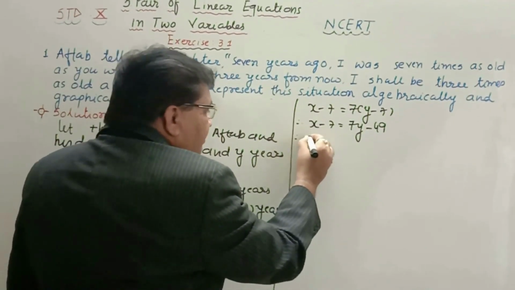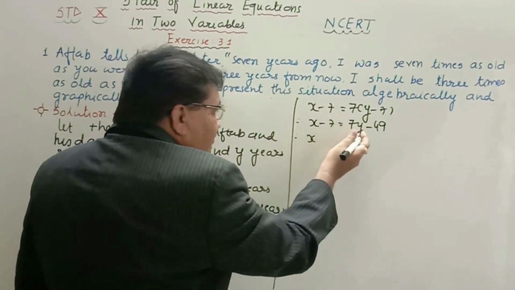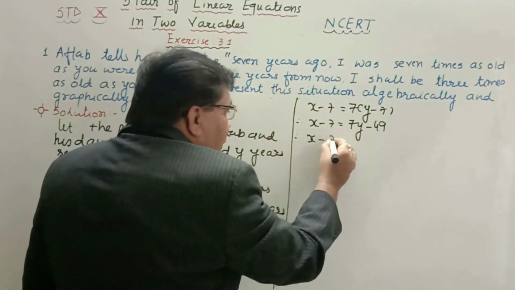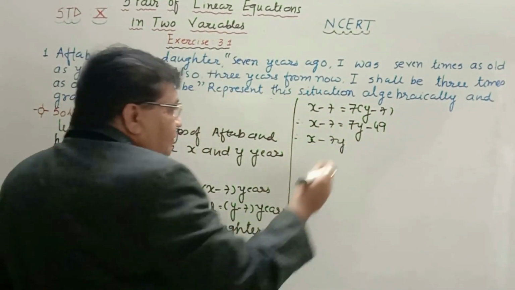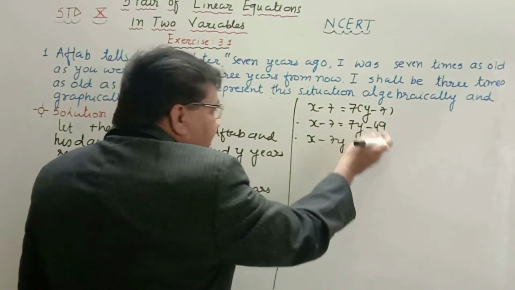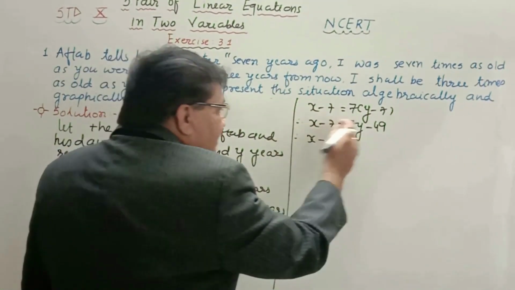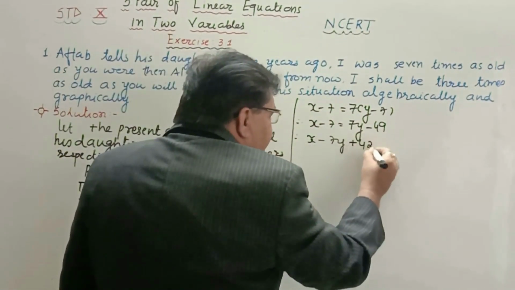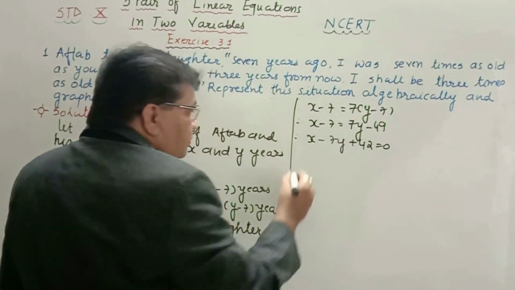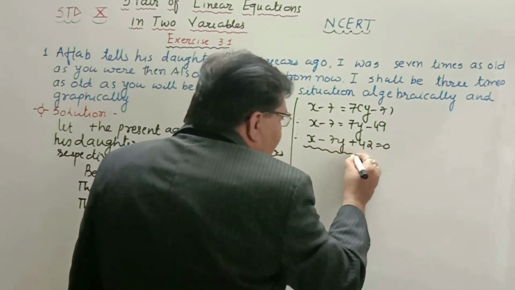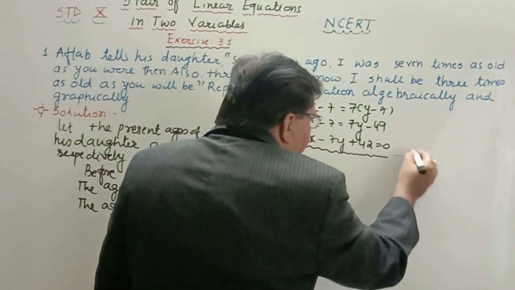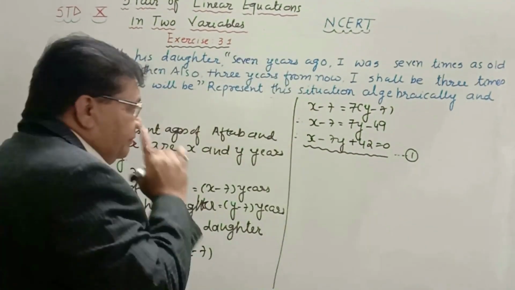So therefore X, 7Y we take left side minus 7Y, minus 49 we take left side, minus 7 plus 49, it is 42. So it is our first equation, equation number 1.